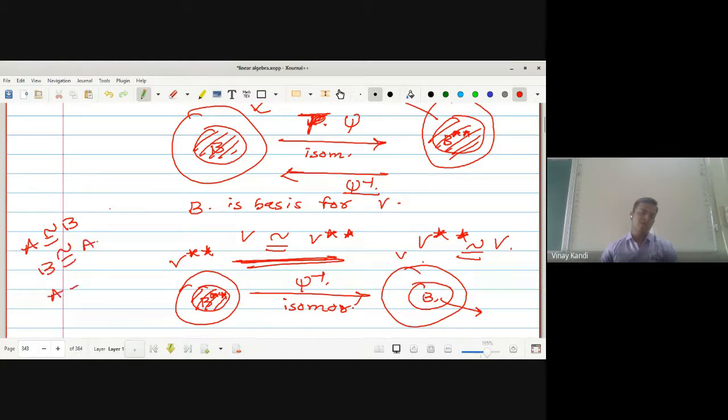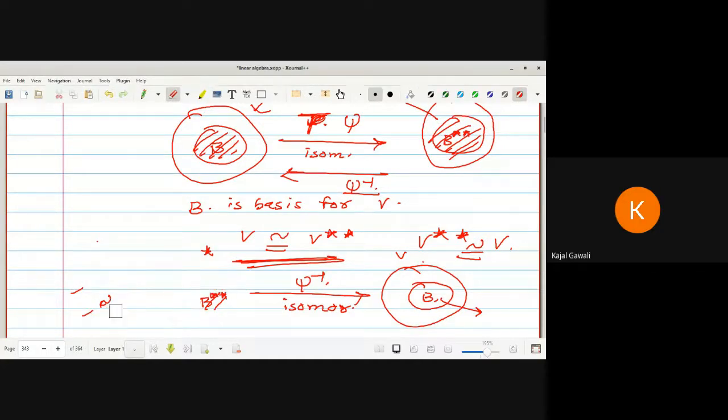Okay, A is isomorphic to B and B is isomorphic to C, then A is isomorphic to C. Okay, so we can say that V is isomorphic to V double star or V double star is isomorphic to V. Okay, any doubt?